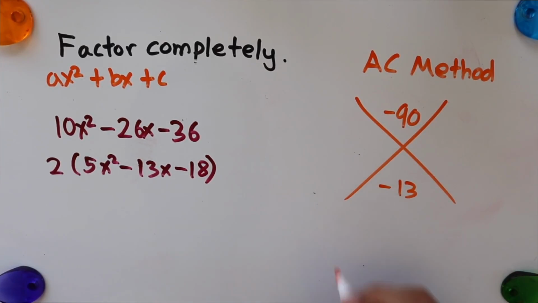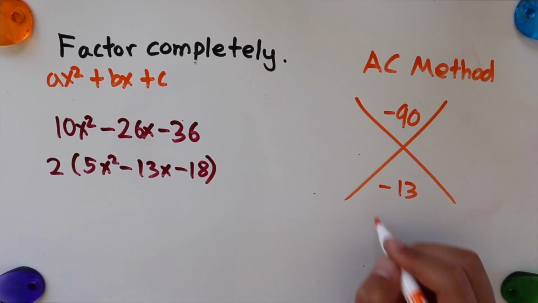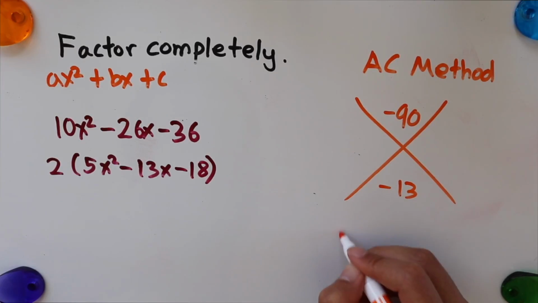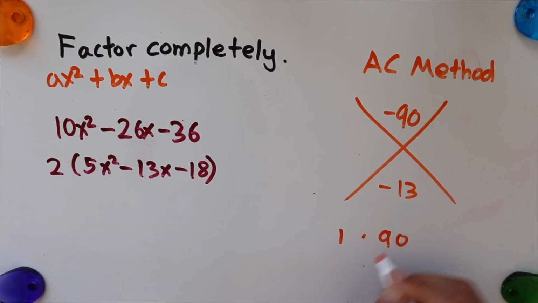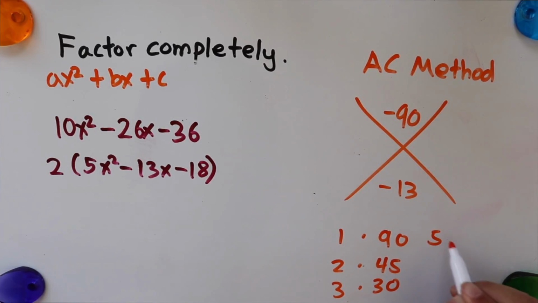So, if I listed out the factors of negative 90, I'm going to have a lot. But if I just listed out the factors of positive 90, so 1 and 90, 2 and 45, 3 and 30, going off the screen here, but we still got one more set of factors, 5 and 18, and we got 10 and 9 also. Okay, I'll stop there.